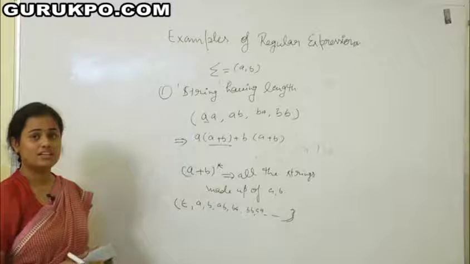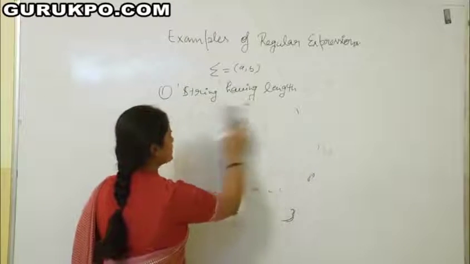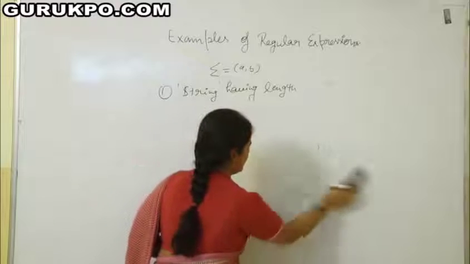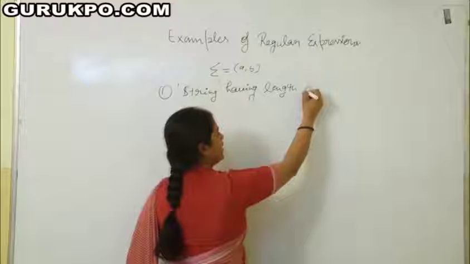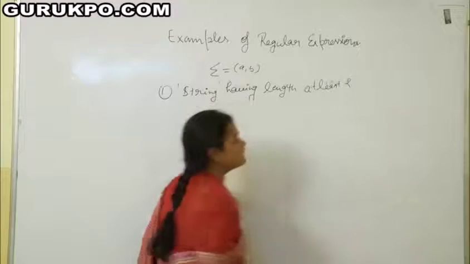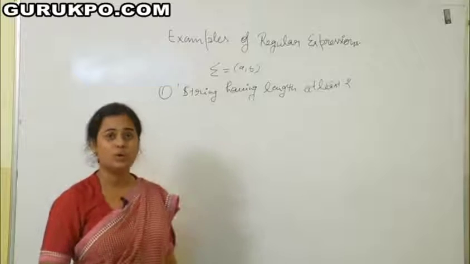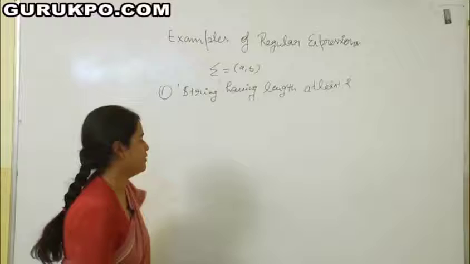Now, the next example is a string having length at least 2. At least 2 means at least 2 elements will be there, and more than that can be.